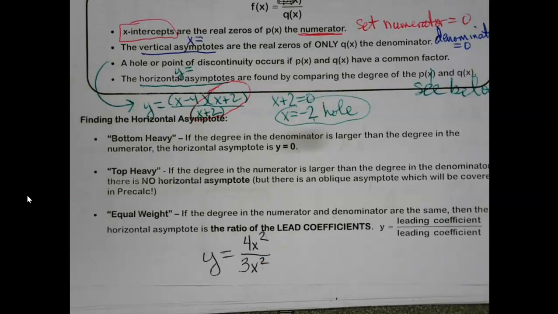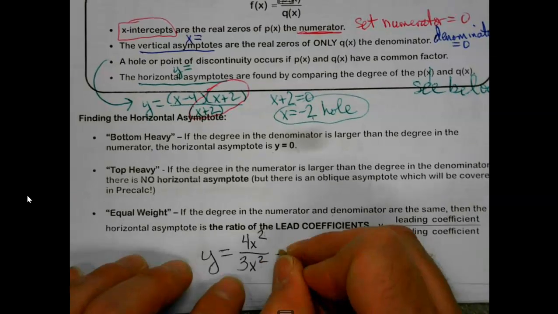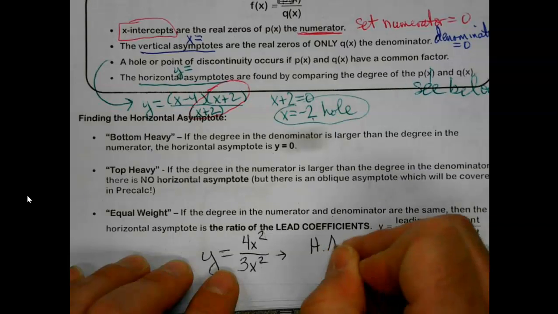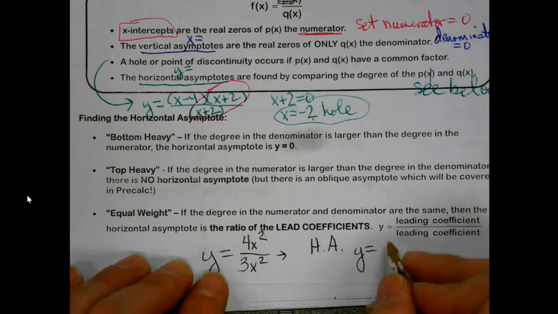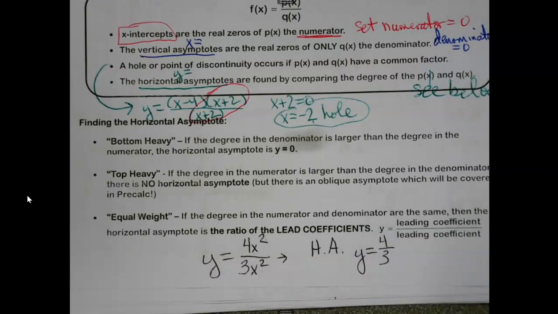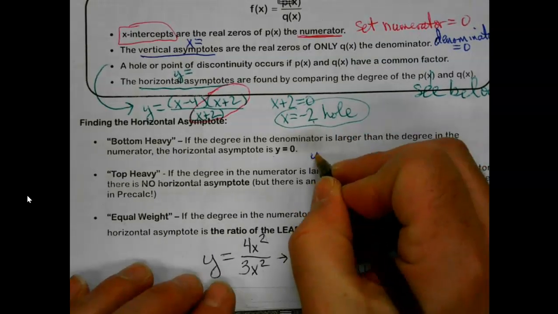So what you're going to do at this point for your horizontal asymptote is you're just going to divide the lead coefficients. So your horizontal asymptote would be at 4/3. But that's only if those values are the same for those. Sometimes they won't be. So you may see something and you're working it out. You kind of get it.